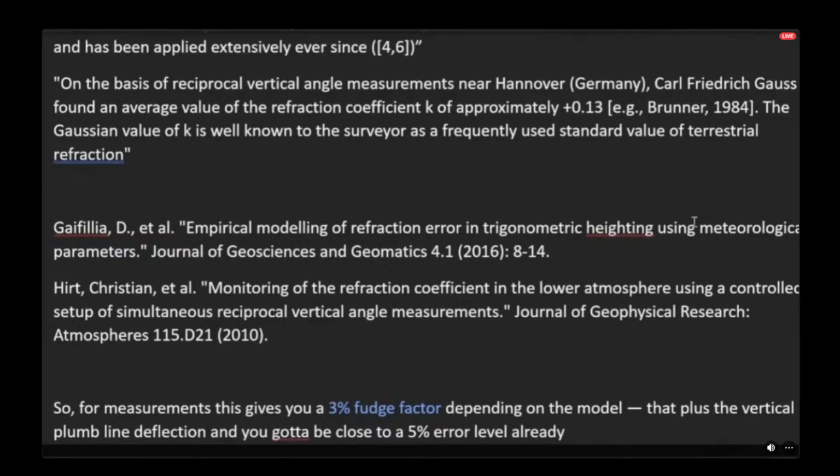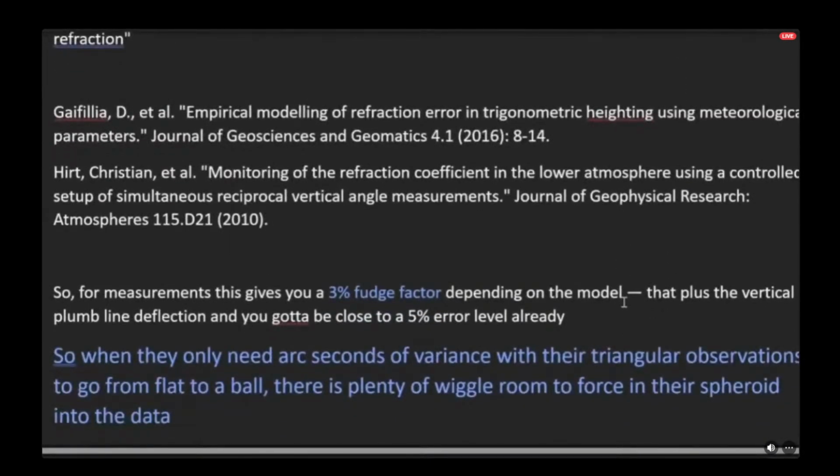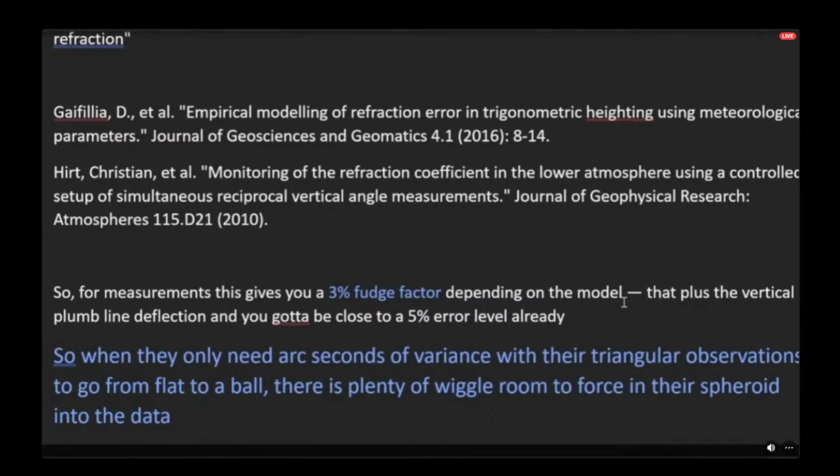Right, so monitoring of the refraction coefficient in the lower atmosphere uses a controlled setup of simultaneous reciprocal vertical angle measurements. So they know that, with the margin of error you get in spreading out the triangles over a large distance, hiding ocular measurements within things like refraction and dip angle, they have a huge fudge factor to turn all of their planar surveying data and measurements, which is all they ever take in reality, into this fantasy geoidal model that has curvature.